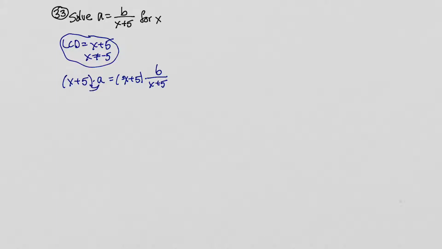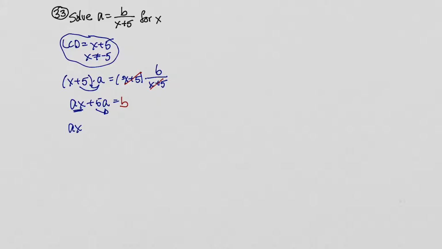Now let's multiply through here. We'll get ax plus 5a equals, and on the right side, the x plus 5's cancel. Let's get rid of that then. So we will get b times 1, or just b. Now we want to solve this for x, so let's subtract the 5a.